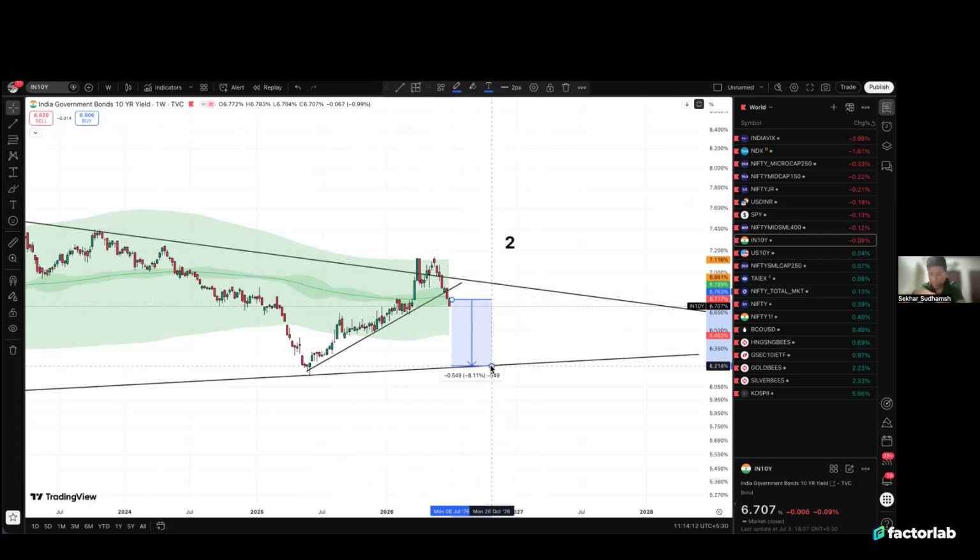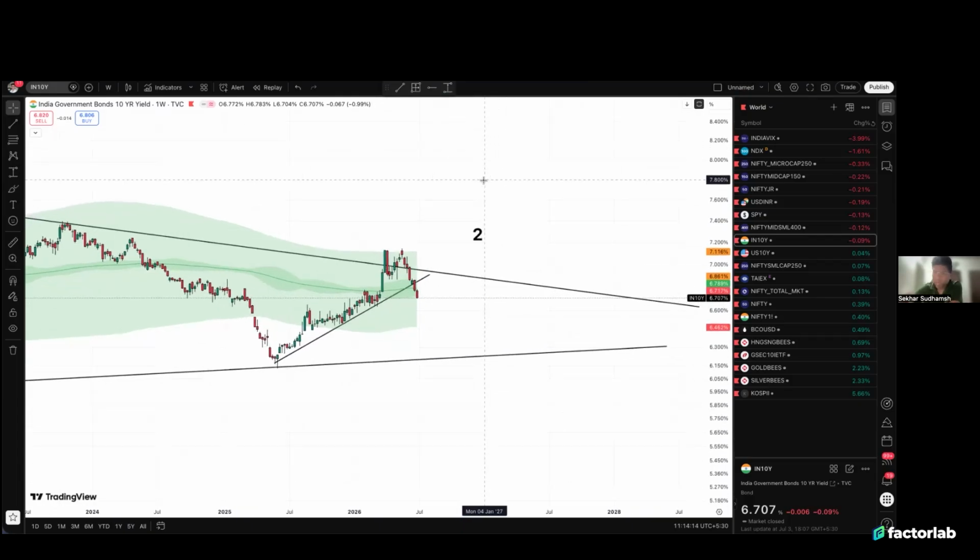But broadly, if you see the picture, we are in a very narrowing range of interest rates. In some direction, it should break out or break down in the coming years. So that is certain. And the cycle looks like it is always coming down. But if the cycle starts to rise up, then it is a problem for equity. But that's a longer term picture. If we look at the shorter term to the medium term, we are in a good position. The G-Sec interest rates have started to come down.